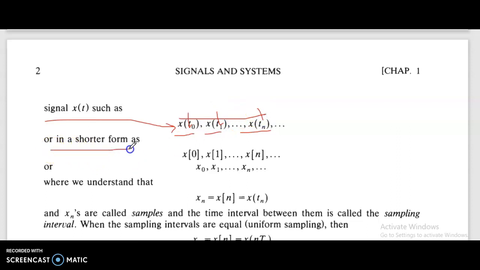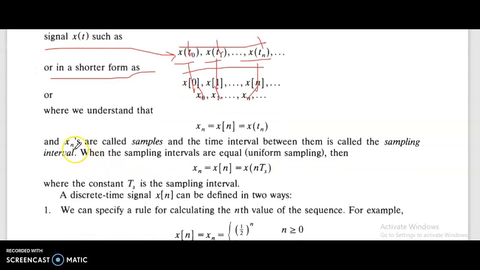In a shorter form, also x of 0, x of 1, and so on. So this is x0, x1, x2.